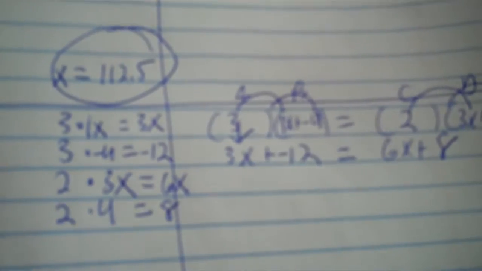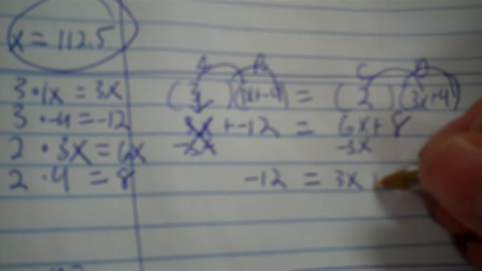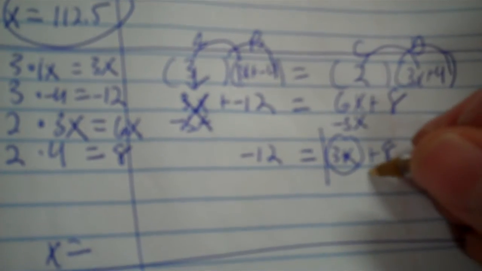Now I solve it like a normal equation. X is on both sides, so we mark out the smaller one and get rid of it. So minus 3x, minus 3x. Negative 12. 6 minus 3 is 3x, and then plus 8 all goes up, dot circle.